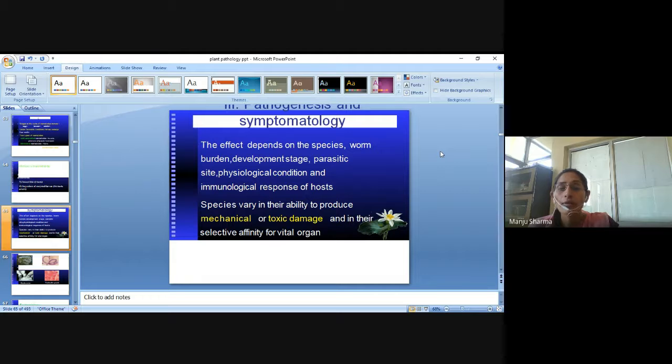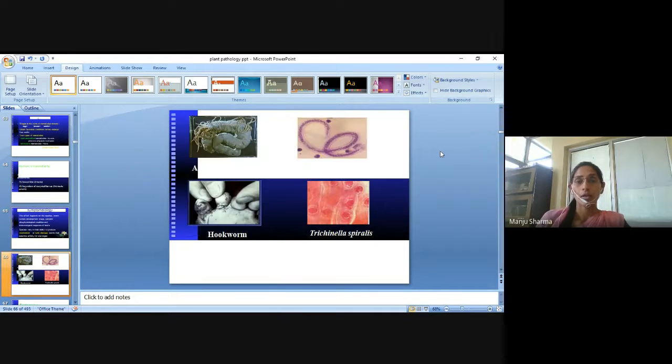Species vary in their ability to produce mechanical or toxic damage and in their selective affinity for visceral organs. Basically, different types of nematodes cause different types of symptoms.